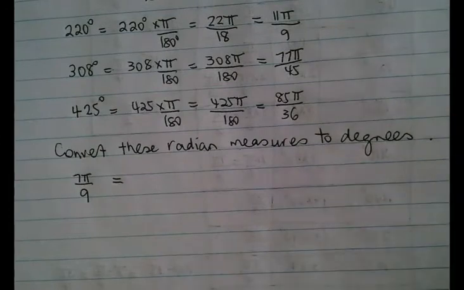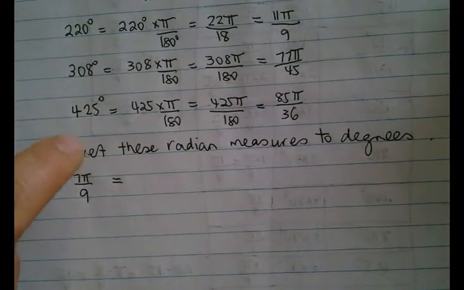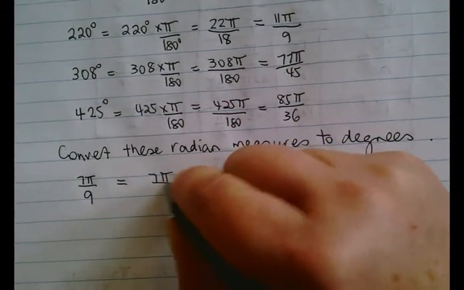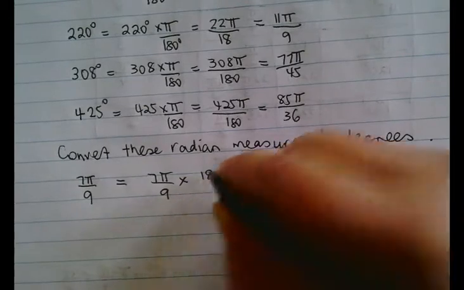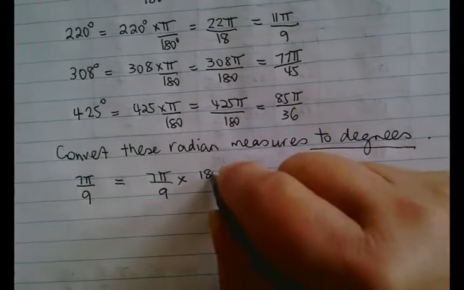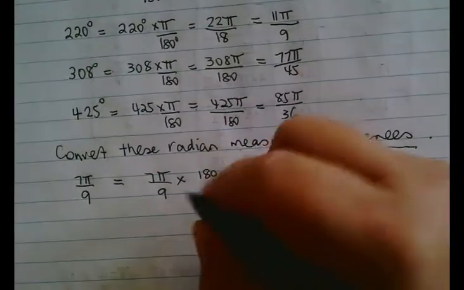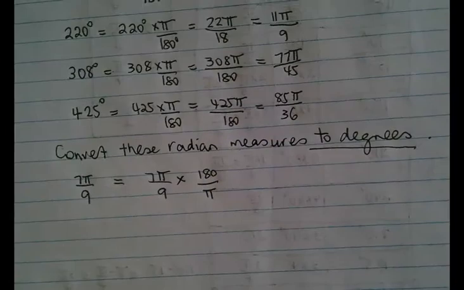One way you can do it, I sometimes just know that pi is 180 and just change that. But the rule is multiply by what? When you want to convert to degrees, you write the degree one first. Times 180 on pi. What cancels?